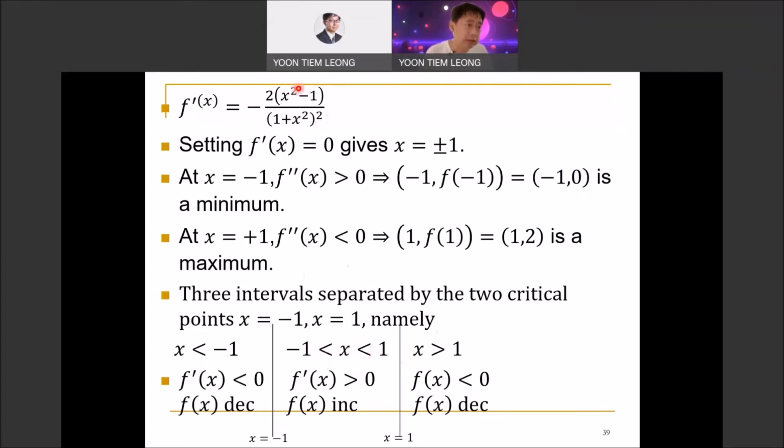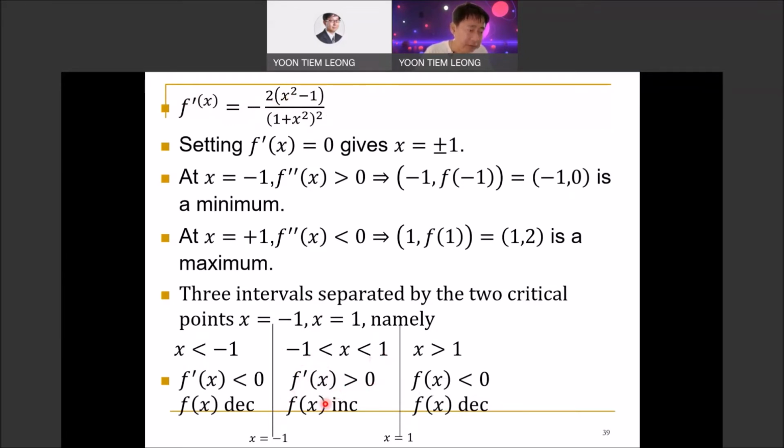So then this x squared will be less than 1. A number which is less than 1, minus 1, will be negative, and this is always positive downstairs. So you have a negative factor, and when we multiply together, f prime will be positive. Therefore, f prime is concluded to be positive within the region of -1 and 1.